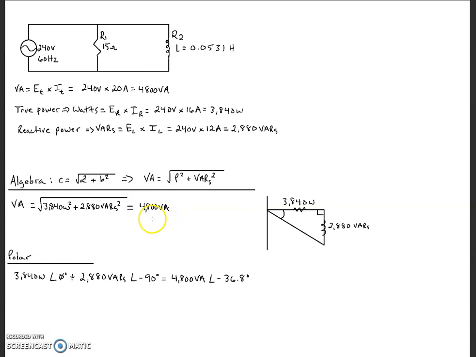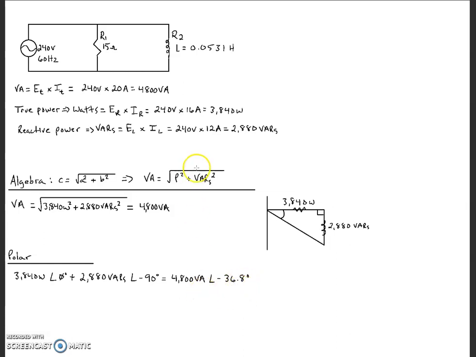We add that up, and we're looking at 4800 volt amps. And if we punch that in, and we do our polar, we got 3840 at angle 0 plus 2880 at angle negative 90. It's always important to remember that negative value. 4800 volt amps at an angle of negative 36.8 degrees.